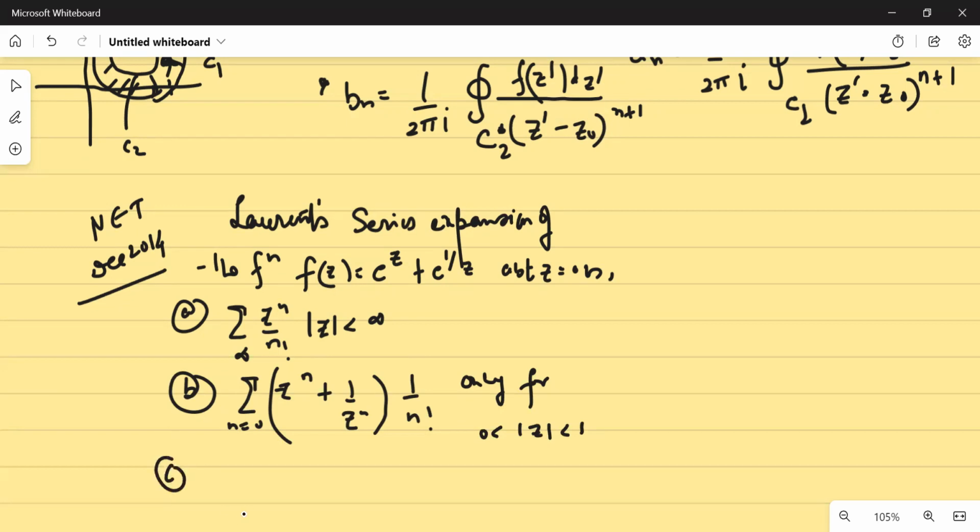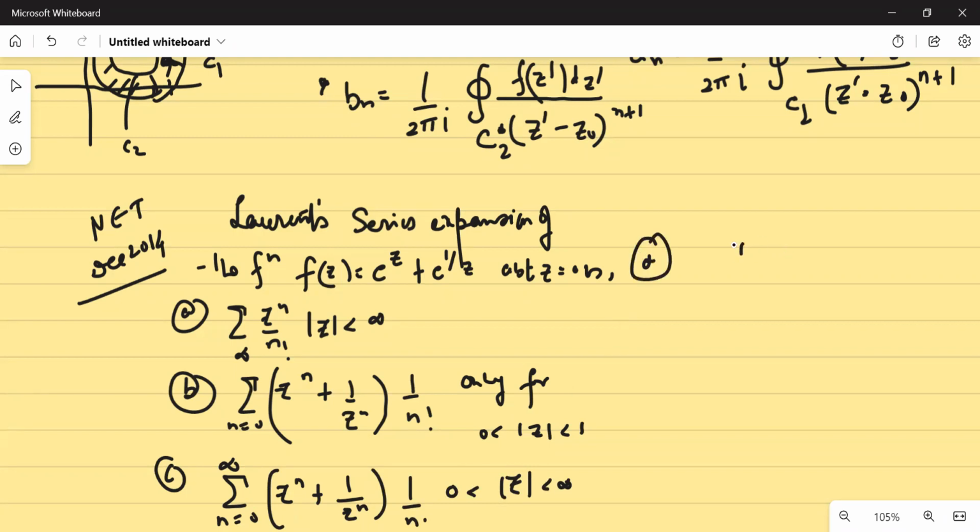Option C was summation n equal to 0 to infinity of z raised to power n plus 1 upon z raised to power n times 1 over n factorial, for all mod z less than infinity and greater than 0. And option D was summation n equals minus infinity to plus infinity z raised to power n upon n factorial, only if mod z is less than 1.